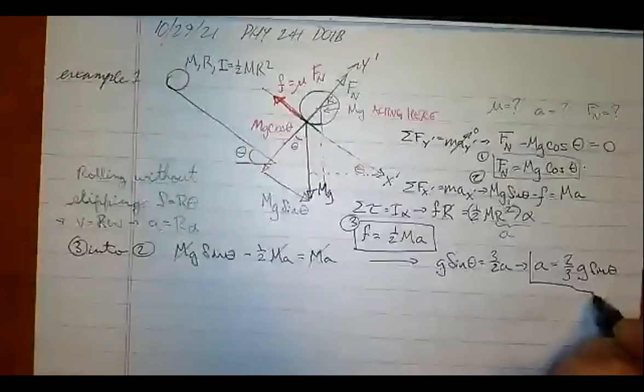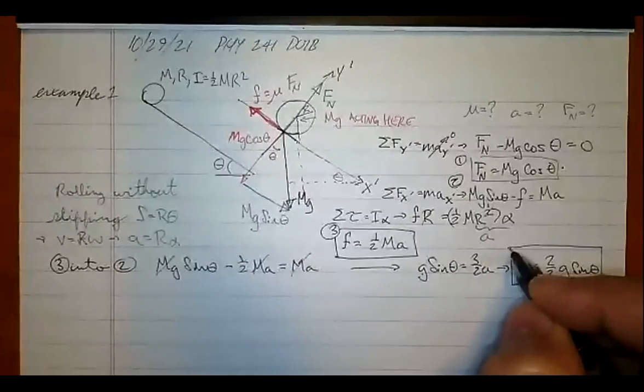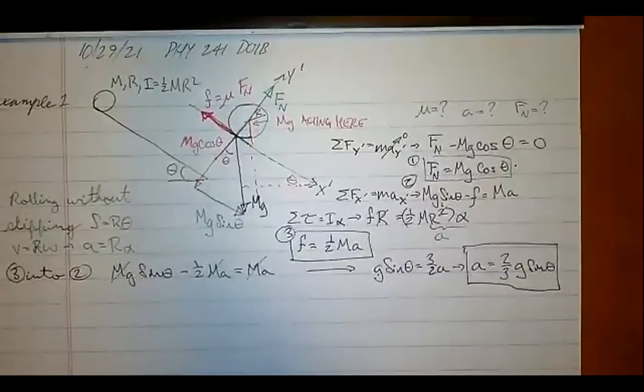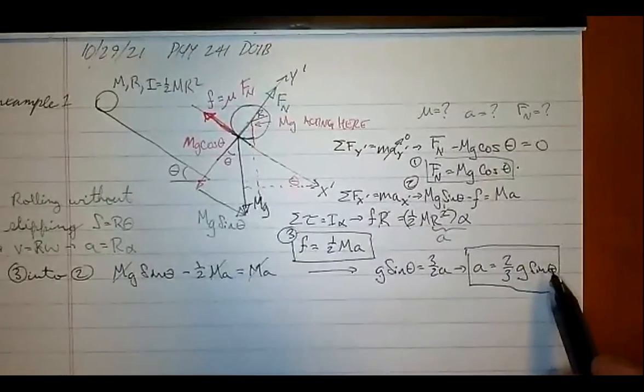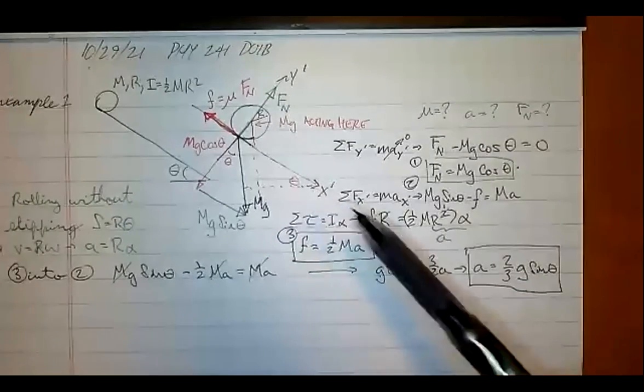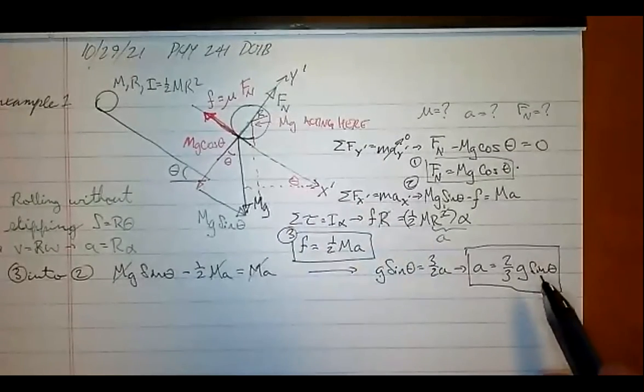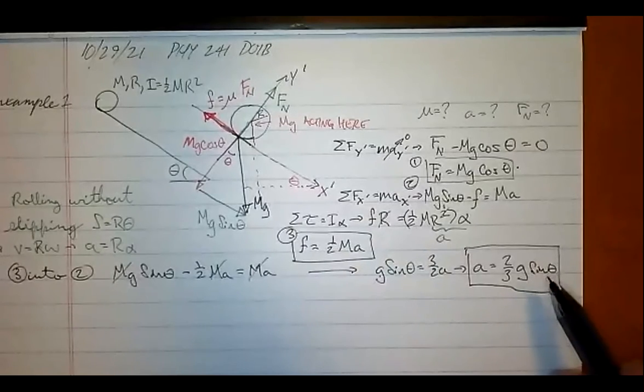So now we know the actual acceleration of the cylinder down the incline. And it is a constant, because notice the incline is a plane tilted at a constant angle theta. So this is a constant. So we can still use x equals 1/2 at squared plus V0 t plus x0.